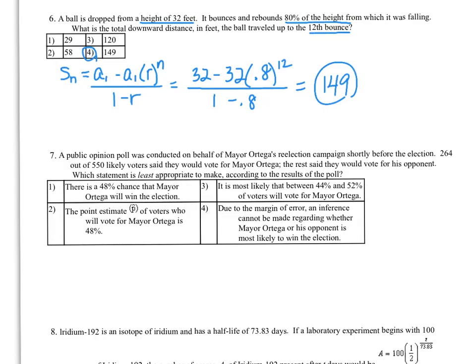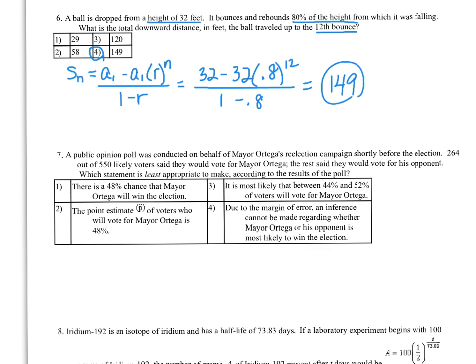All right, so for number 7, we did this one in class, and there were some heated debates at points with this one. But if you read the question, it's a little wordy, but it says 264 out of 550 likely voters said they would vote for Mayor Ortega.